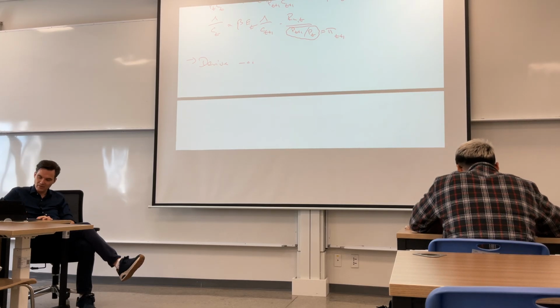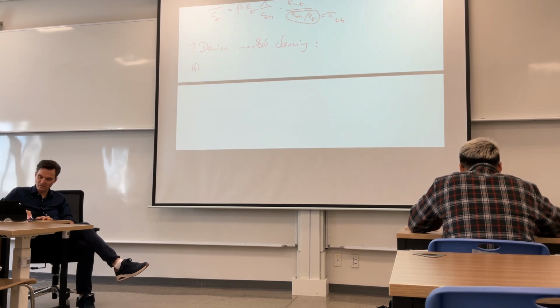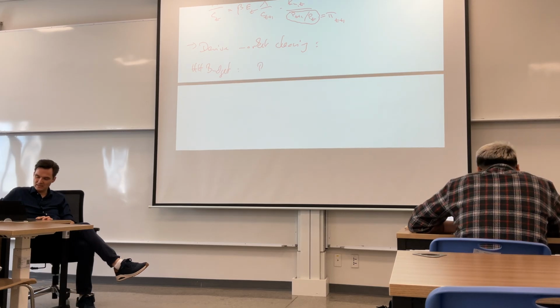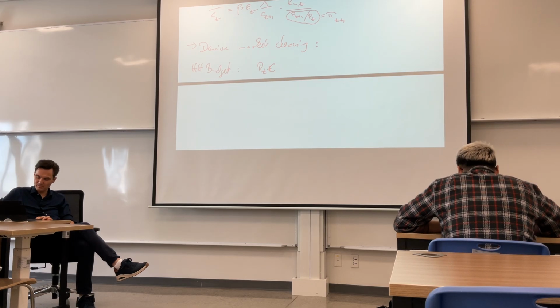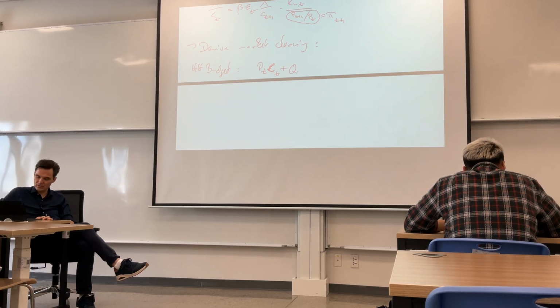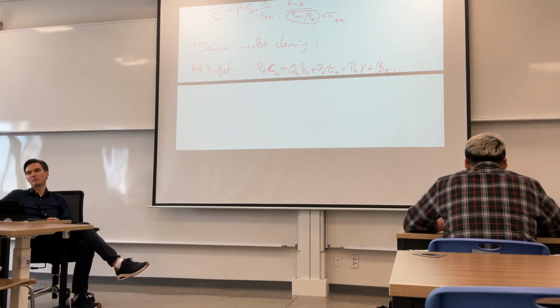So you write the household budget: PT times CT plus QT times BT plus PT times tau T is equal to PT times Y plus BT minus 1. That's the household budget.